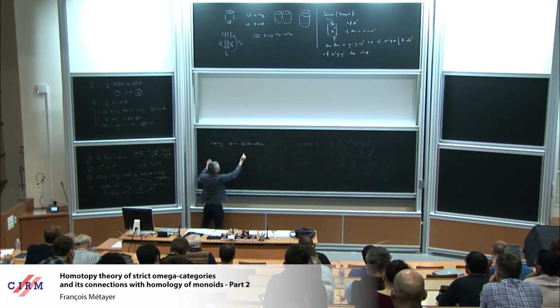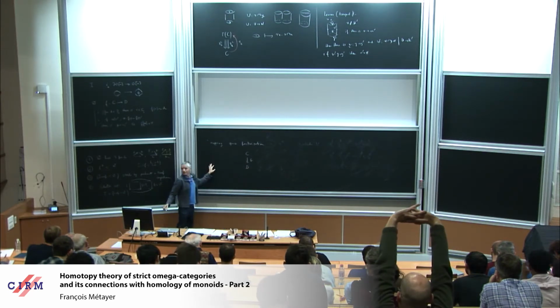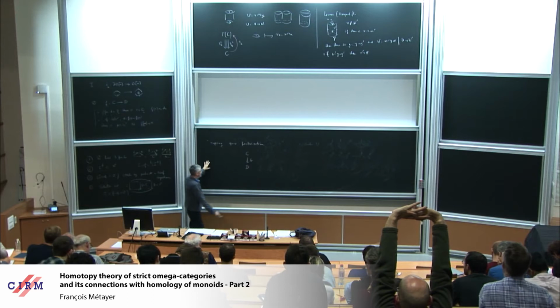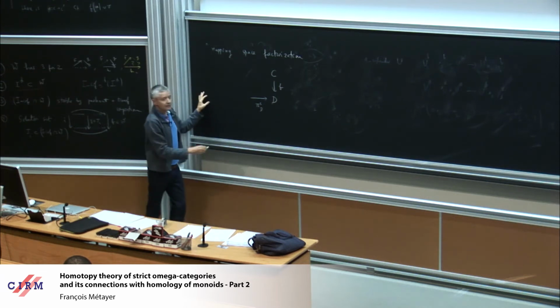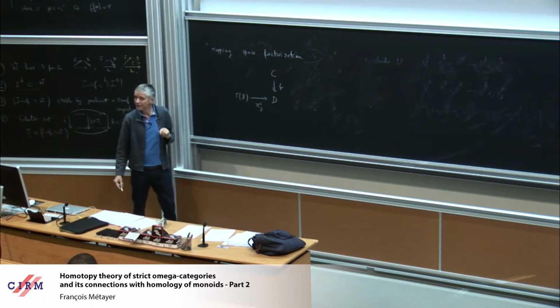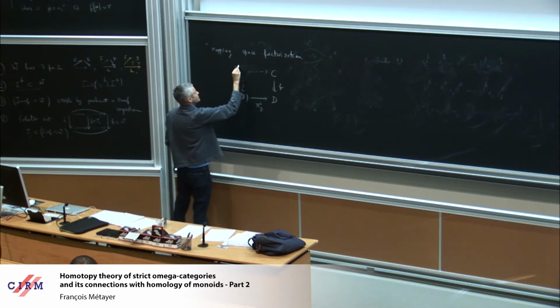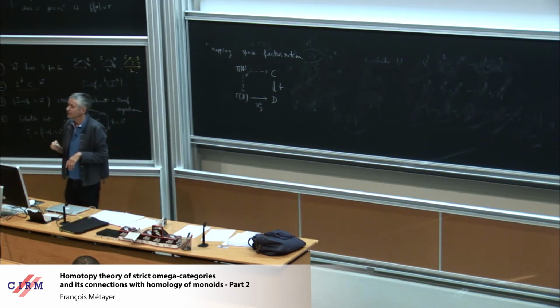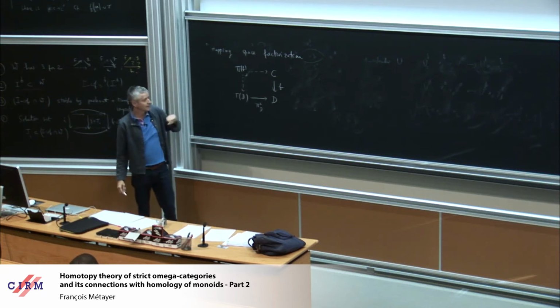Suppose you have a map F in omega cat, and you take this projection pi 1 d from gamma d to d. Take the pullback in omega cat of those two maps here.